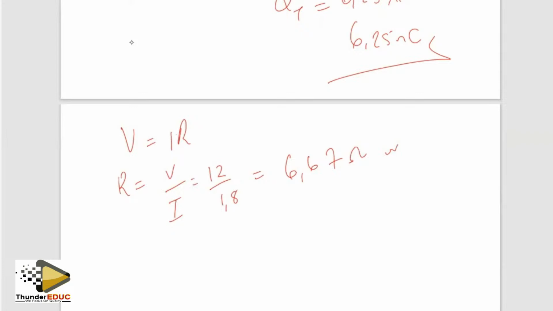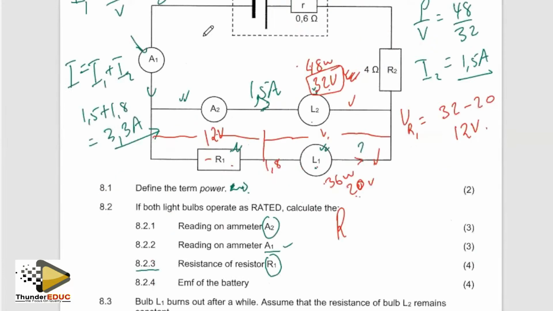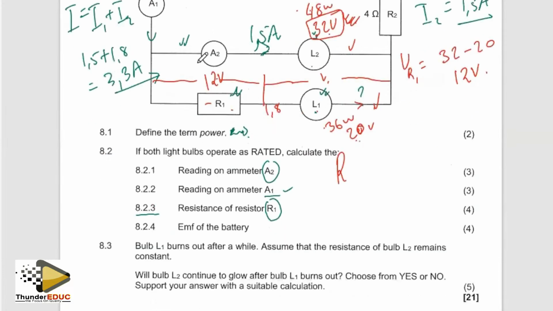Alternatively, you can give it as a fraction, 20 over 3 ohms. So that is what I'm getting for that resistor. 8.2.3 is done.